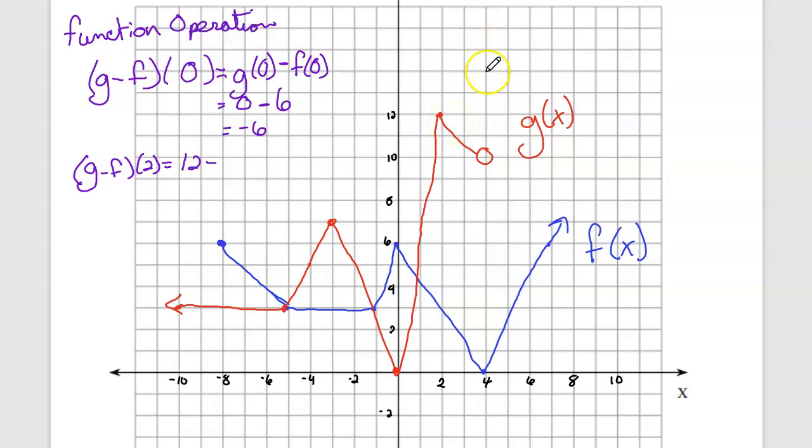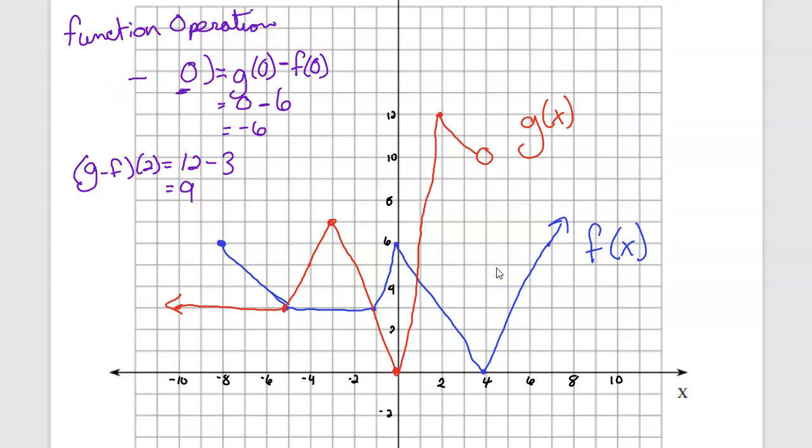And then I would subtract where it hits my f function at 2, which is 3. And I would get 9. So whenever you're having function operations, you're looking at where am I hitting my graph at those particular x values.